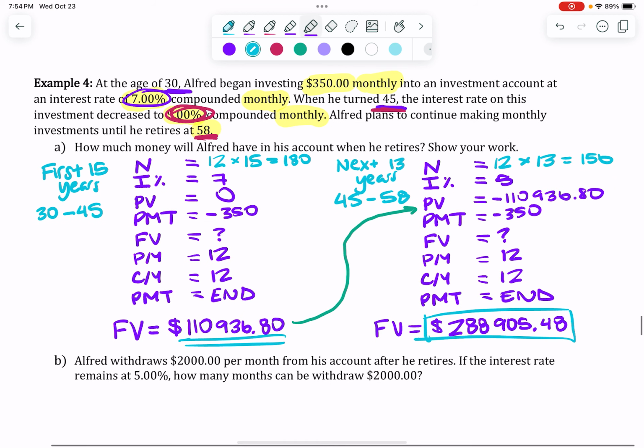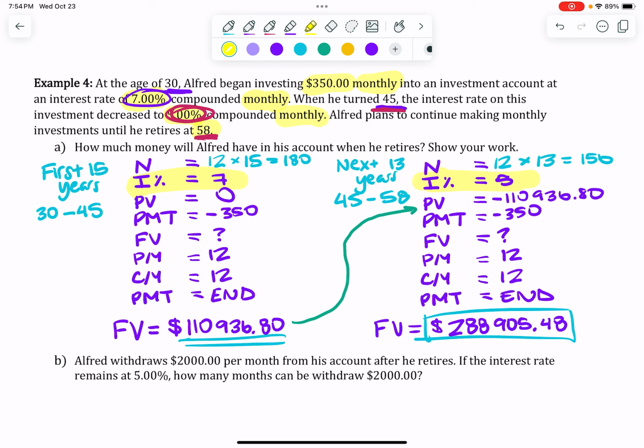Okay, a couple of really important things to say here. Not that we haven't said them already, but just a refresher. I can never plug in two separate interest rates into one TVM. Here, Alfred only had his interest rate change once, which means I need to do one TVM for each rate.